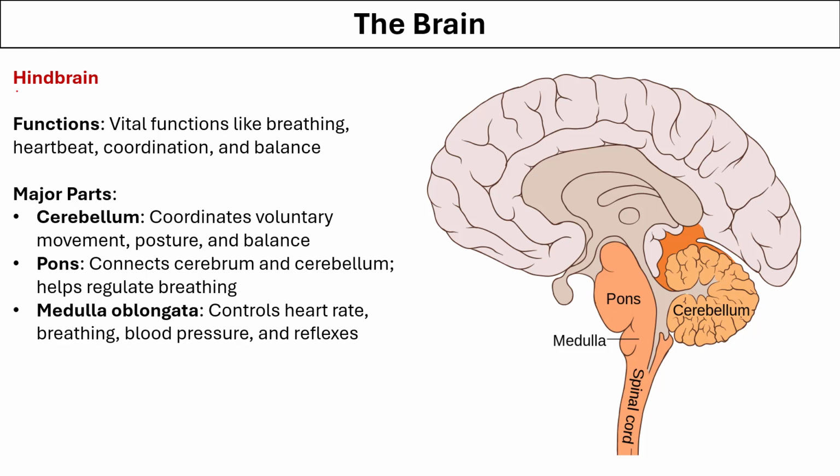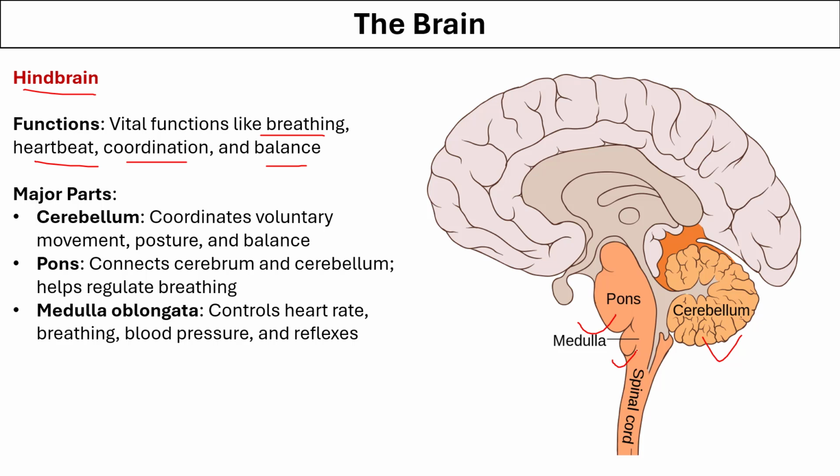The last region of the brain is called the hindbrain, and the hindbrain is involved with the regulation of basic life functions such as breathing, control of heartbeat, coordination of body posture, and balance. It has three main parts which are visible here: cerebellum, pons, and medulla.